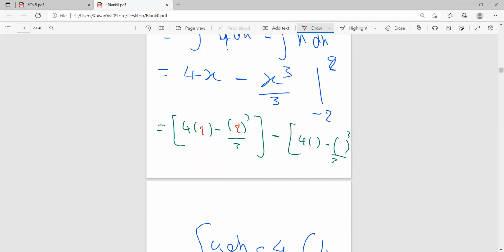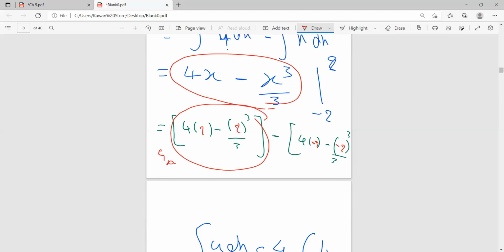Am I right? The second value is what? Minus 2. You got it? These are all the functions that I have. So I say upper, this is minus, these all together, lower. Question? I'm not going to calculate this 2 multiplied by 4 for you. You know. Question? Understood? Okay.